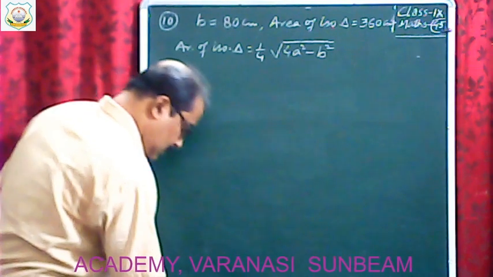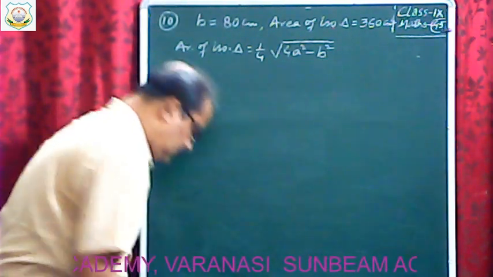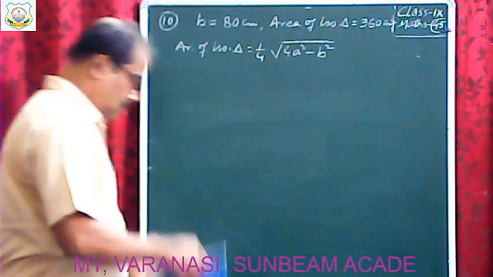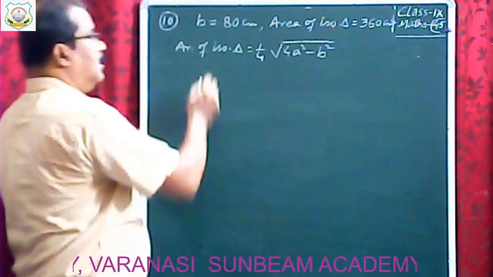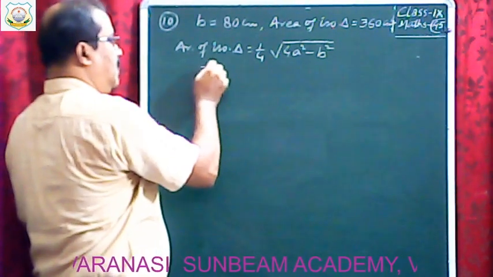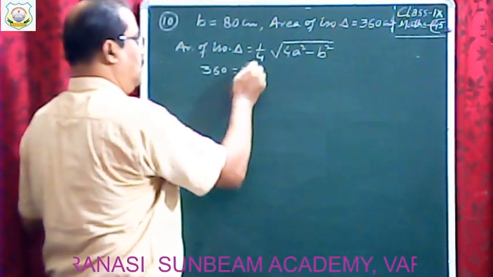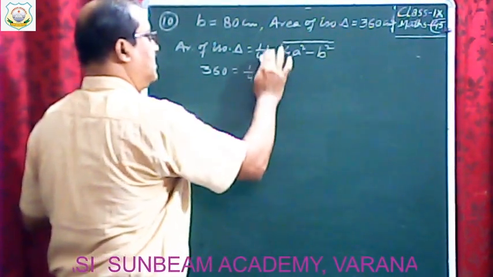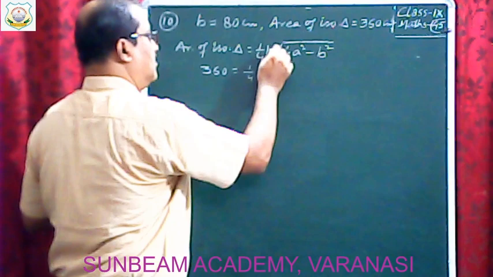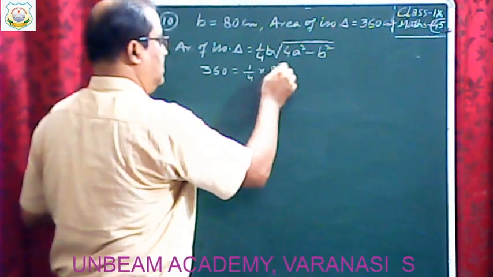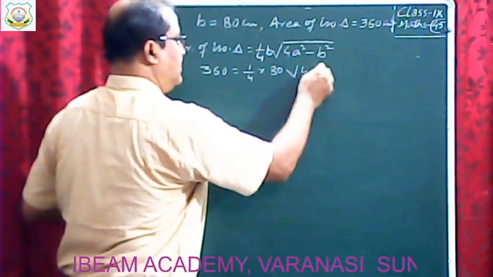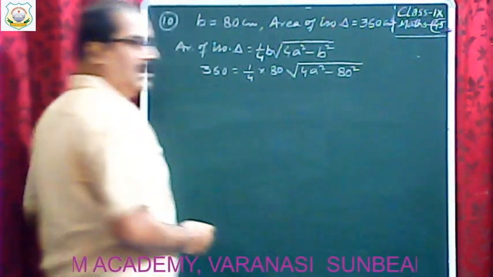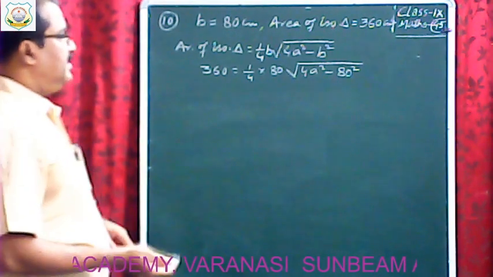Okay, area of isosceles triangle we have 360 equal to 1 by 4 into b, 80, square root 4 a square minus 80 square. Okay, a means equal sides and b is base.